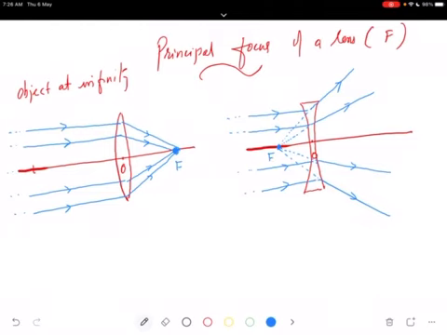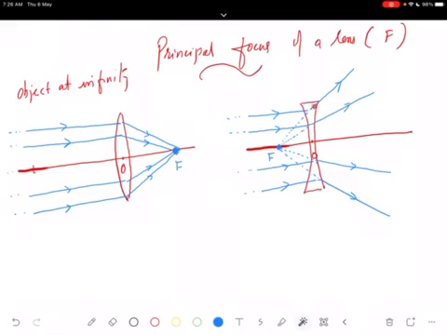So how can you define principal focus of a lens? This is the definition in front of you. Rays parallel to principal axis, after refraction change the path, bend, and converge to a point on the principal axis in the case of a convex lens.